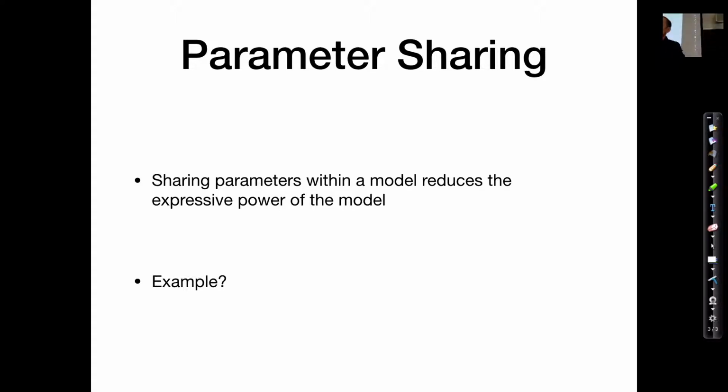So in a convolution, we are sharing weights across the area of the input.